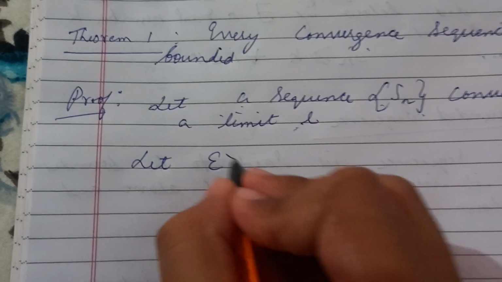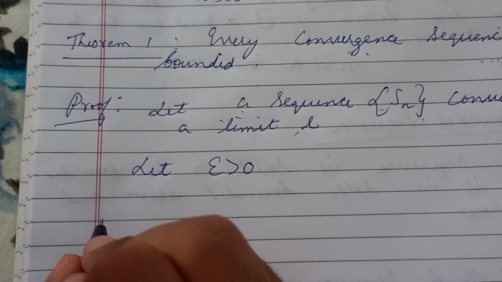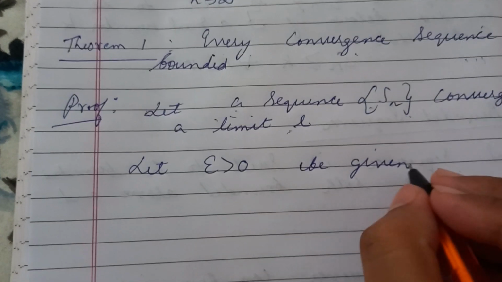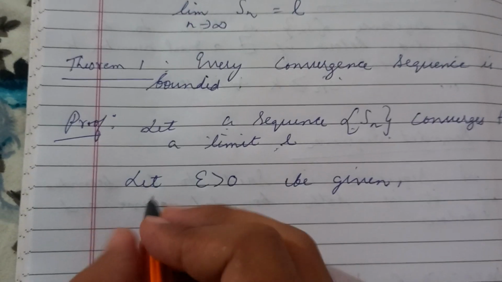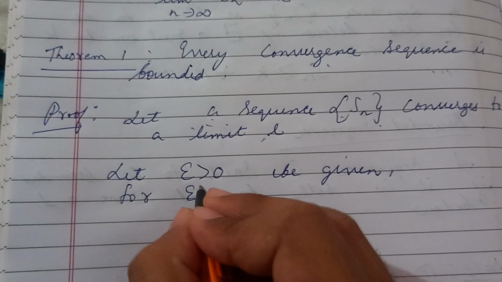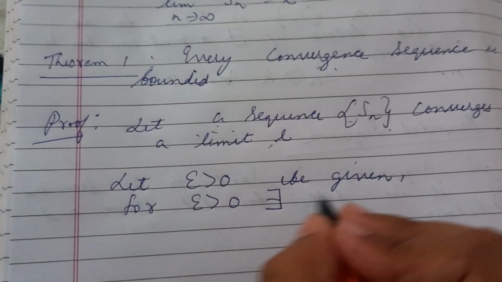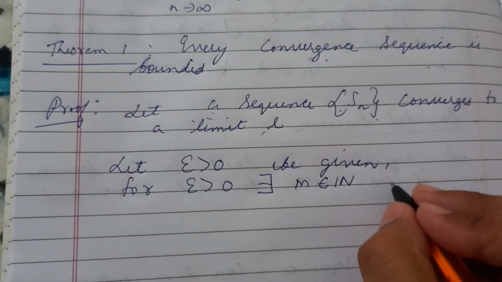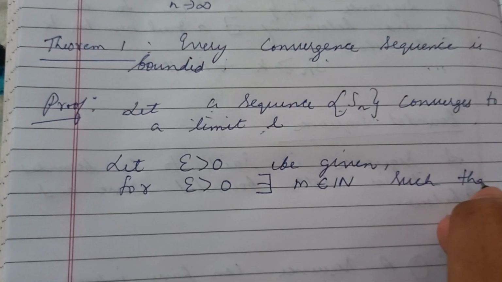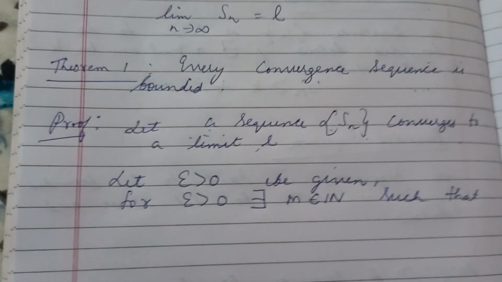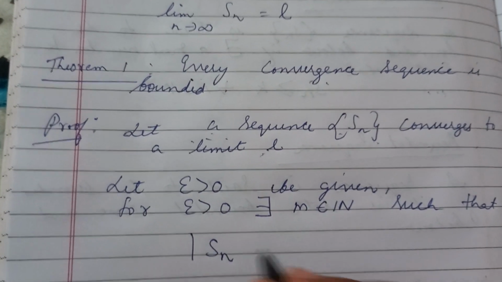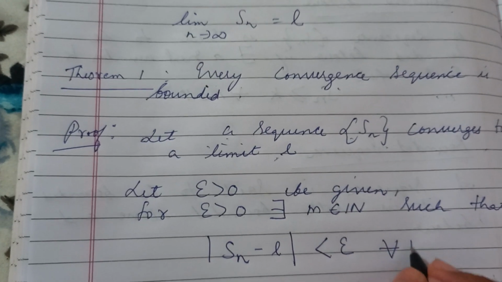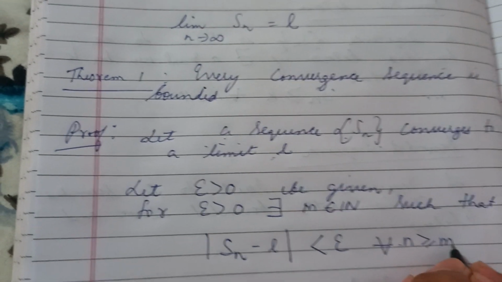First we'll let epsilon greater than 0 be given. So for epsilon greater than 0, there exists a positive integer m belonging to n such that, by the definition of convergence of sequence, |Sn minus L| is less than epsilon for all n greater than or equal to m.